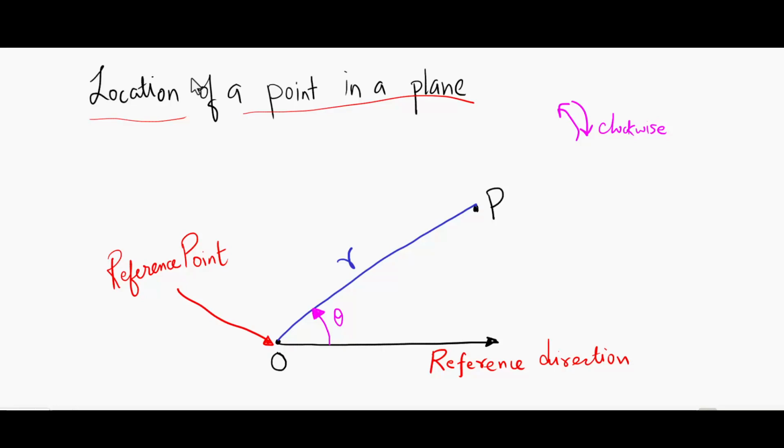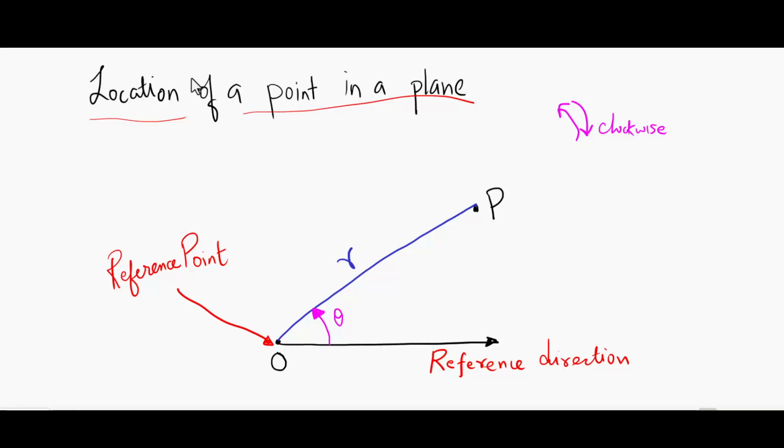But when we go clockwise from this reference direction, like this way, then we will measure the angle as a negative angle. So for this particular point, we measure the distance of this point from the reference point, and what is the angle that this line OP, which is joining the point P to the reference point, is making with the reference direction? So we measure both of them.